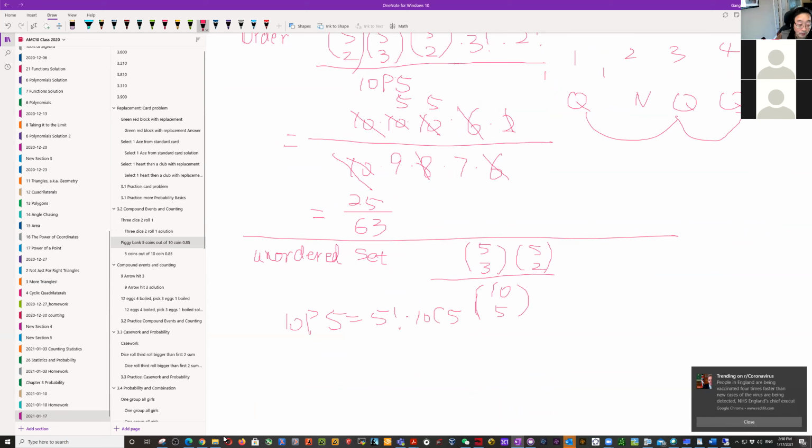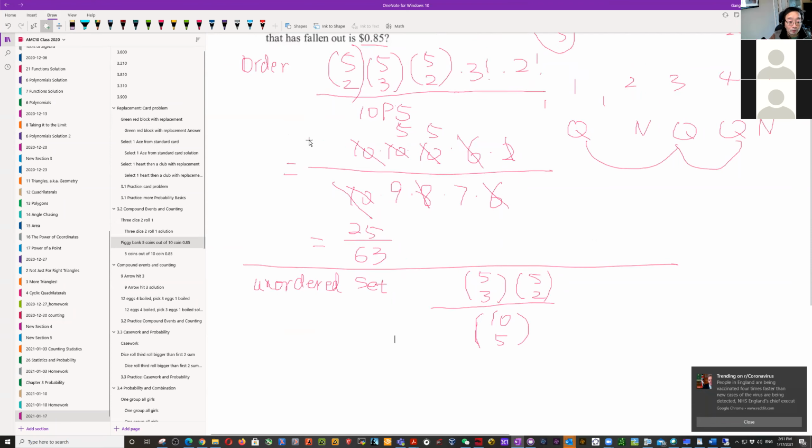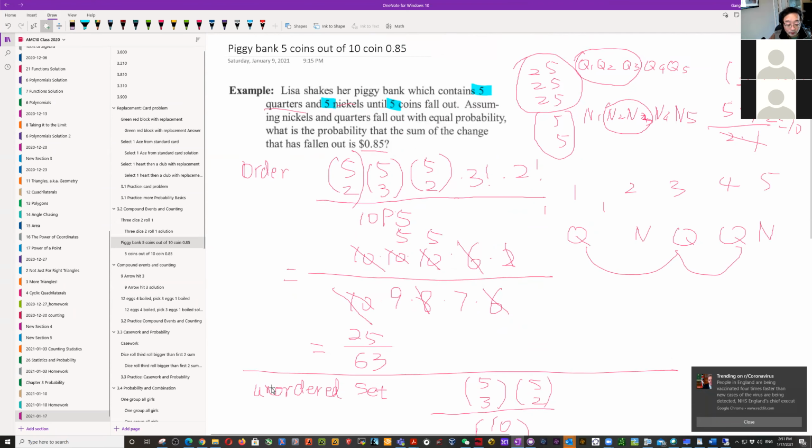So for this problem, if it can be reduced into a counting problem, you can always do it the permutation way. Permutation is more refined, and in most cases you can also do the unordered set.